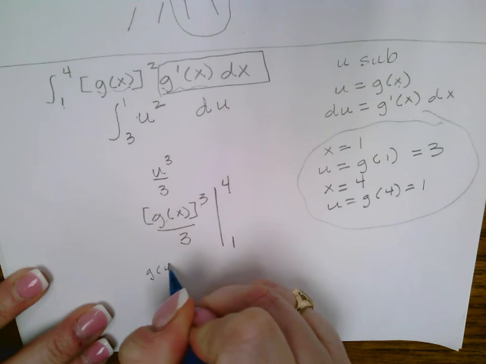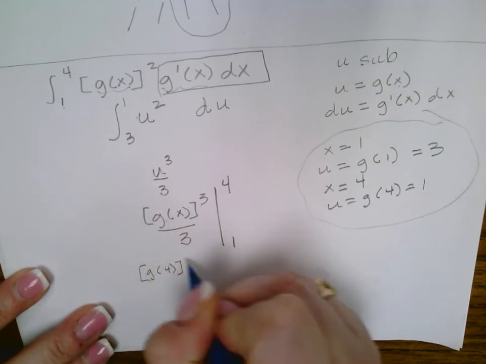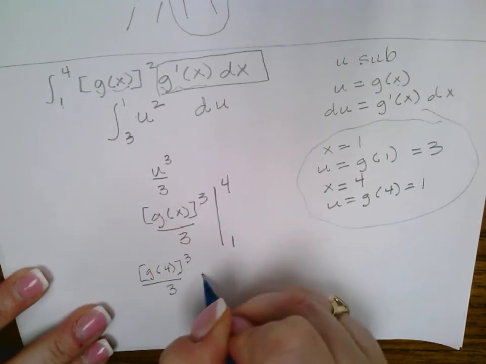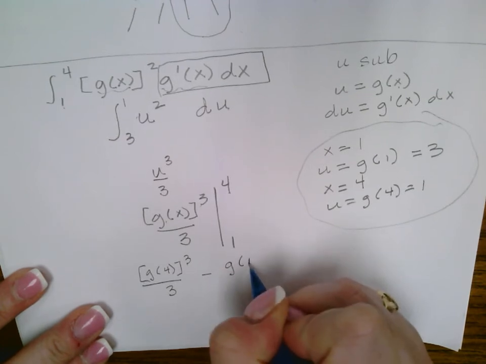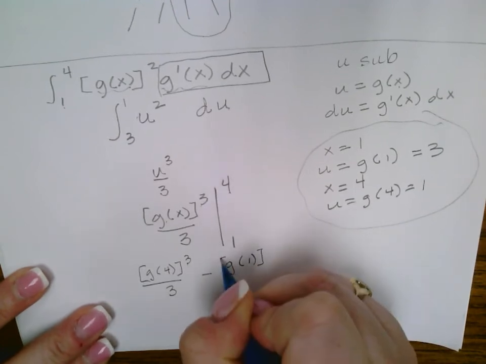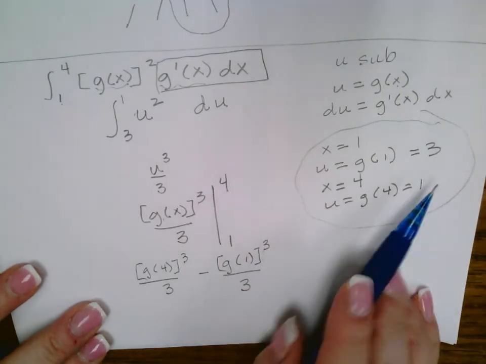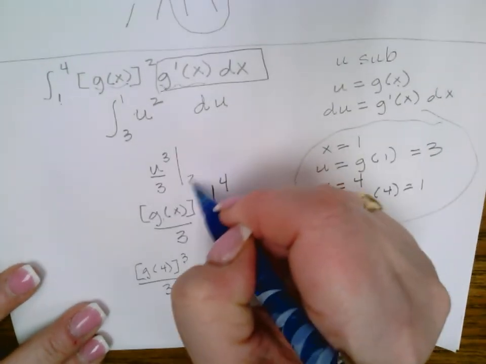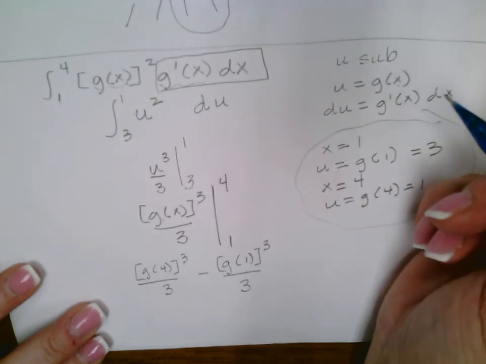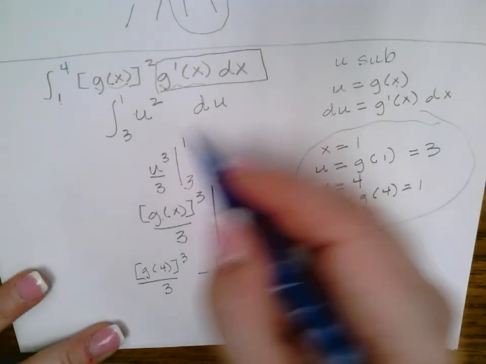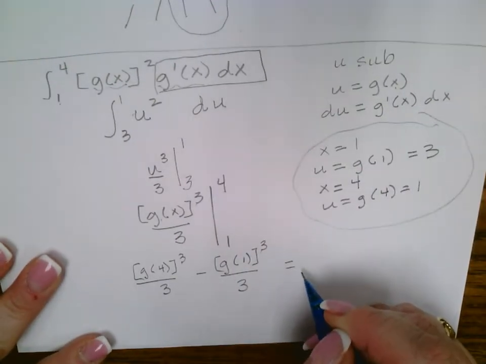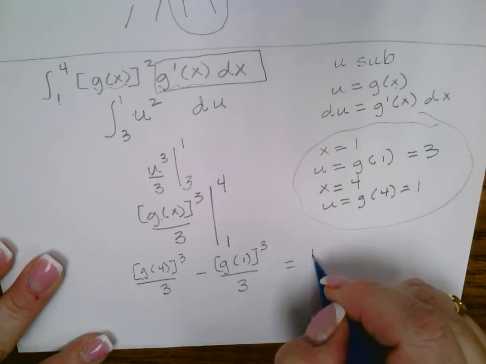So this would be G of 4 cubed over 3 minus G of 1 cubed over 3. And what you would be doing here, if you evaluated this from 3 to 1, you would just have a similar outcome. So G of 4 is 1.